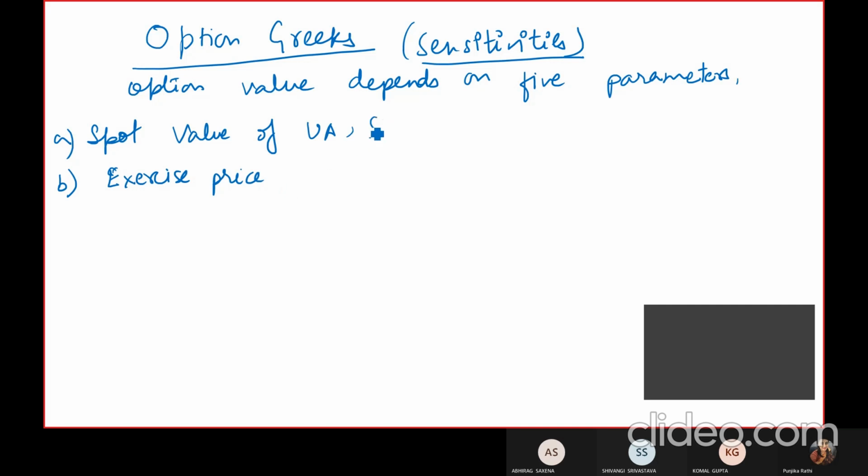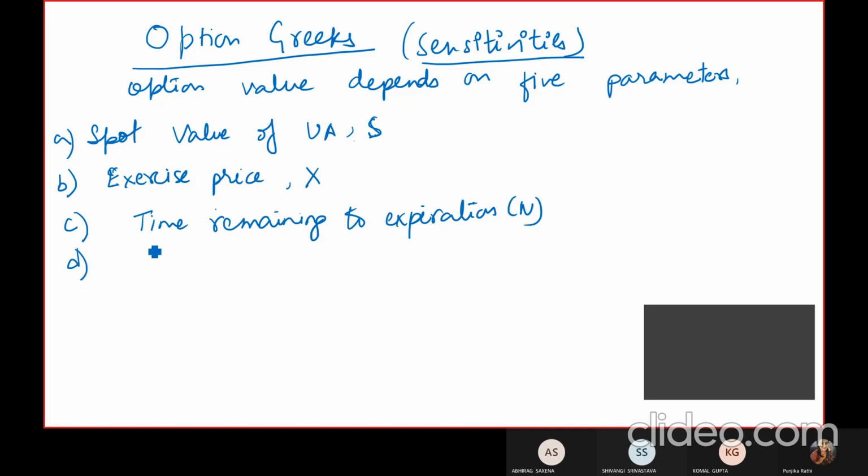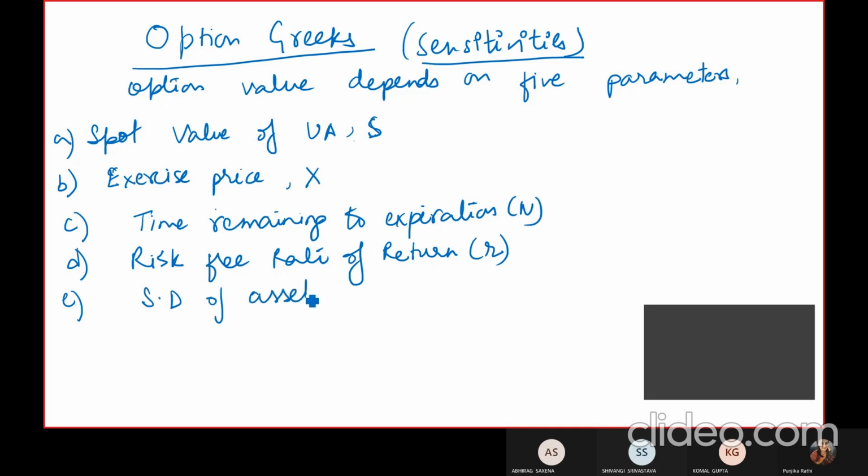इसको भी denote by S. स्ट्राइक प्राइस, एक्सरसाइज प्राइस यानी कि X, third is the time remaining to expiration, denoted by n, and fourth is risk free rate of return, denoted by small r, and fifth is the standard deviation of asset returns, that is denoted by sigma.